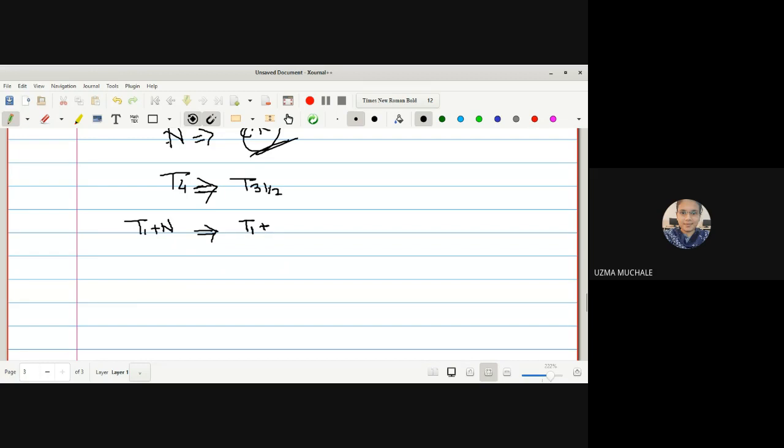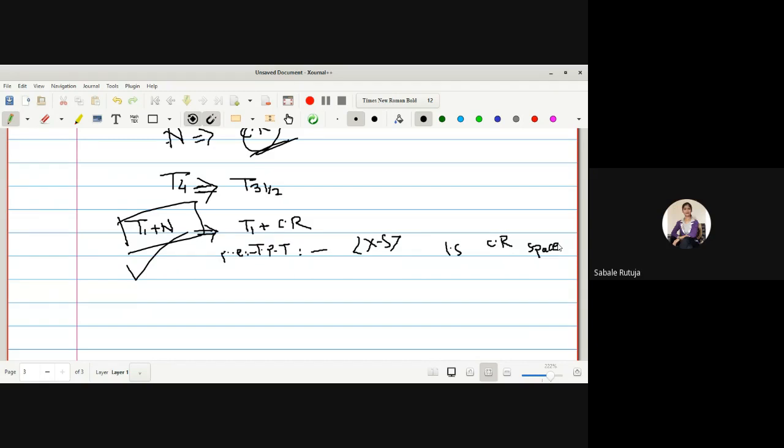Just now we have seen, T1 plus completely regular. Already it is a T1 space, right? What is given to us? T1 plus normal. What is our aim to prove? That it is T1 plus completely regular. T1 is already proved. What we will prove is that X is a completely regular space. Any doubt for this one?